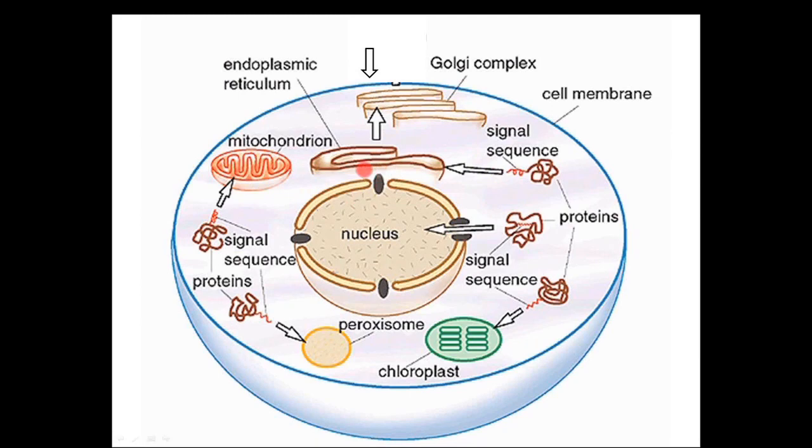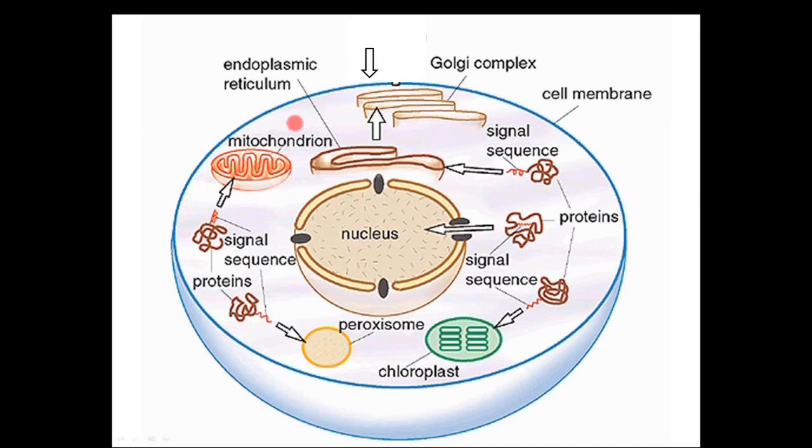There's a whole secretory system where proteins that are getting secreted, like for example insulin, get processed and then moved outside of the cell. And then these arrows here show transport because it's becoming appreciated that the transport is an extremely important process.